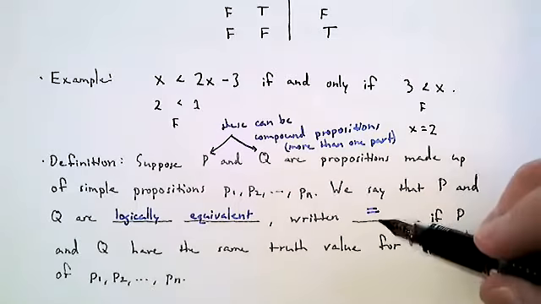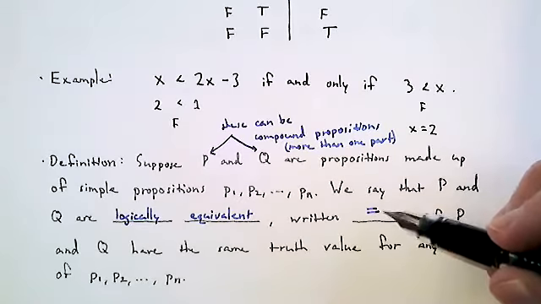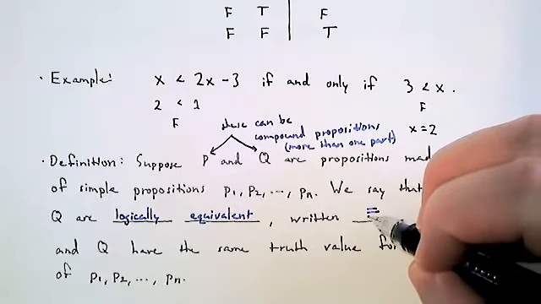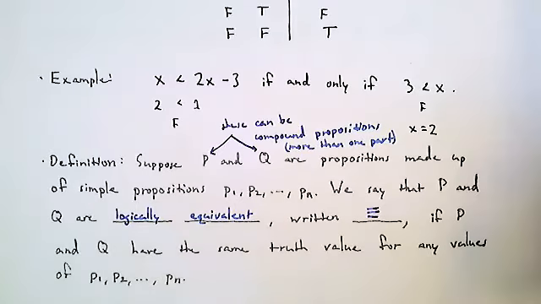So instead of having two horizontal slashes like the equal sign, we'll use three for logically equivalent. And going back to the beginning of the sentence, we say that P and Q are logically equivalent if P and Q have the same truth value for any values of the little simple propositions here.